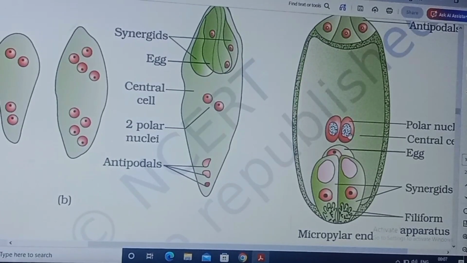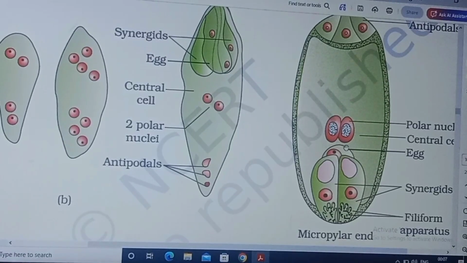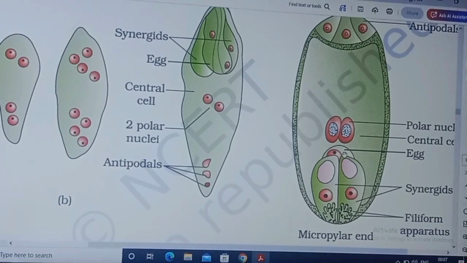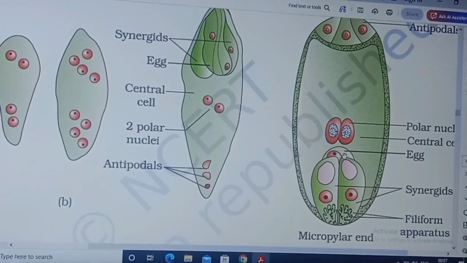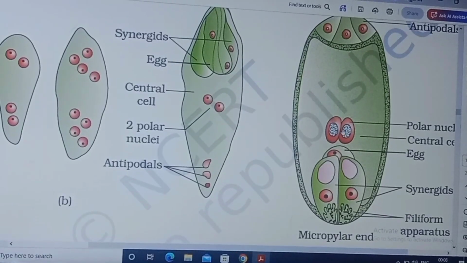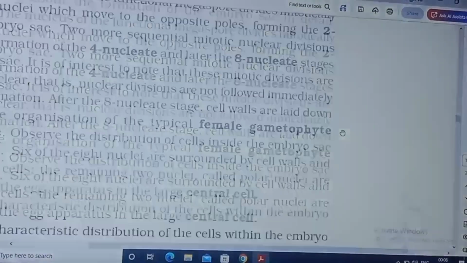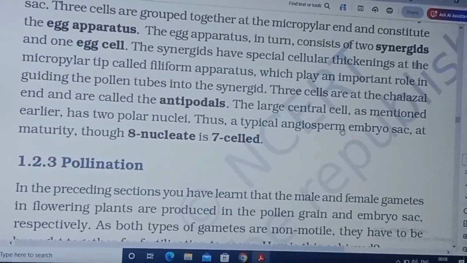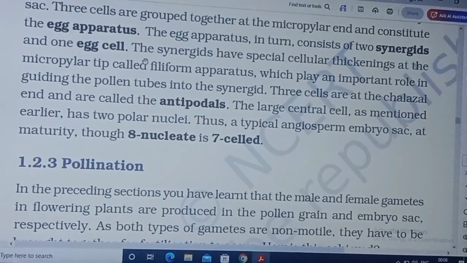This is the polar nuclei, which lie below the egg apparatus. You have to imagine it in reverse. The sentence says the polar nuclei are present below the egg apparatus. The polar nuclei are not surrounded by any cell wall.